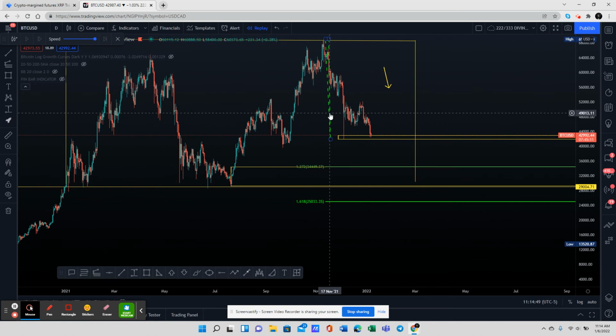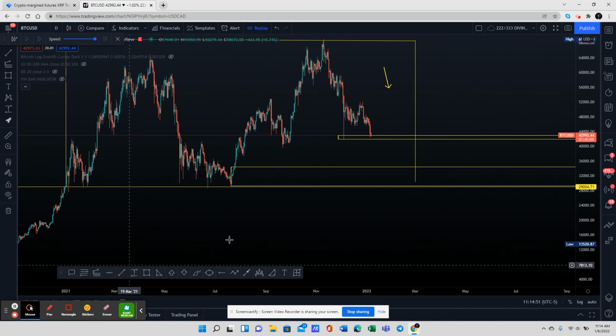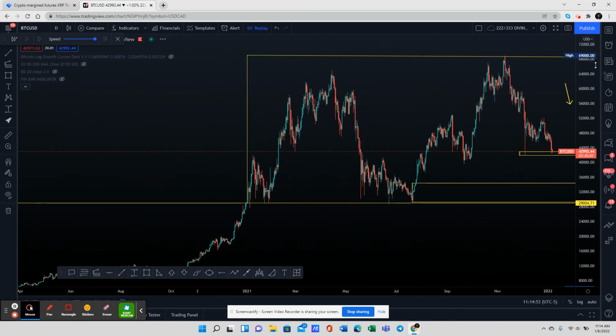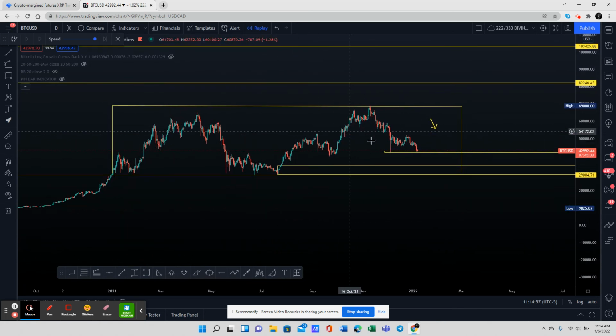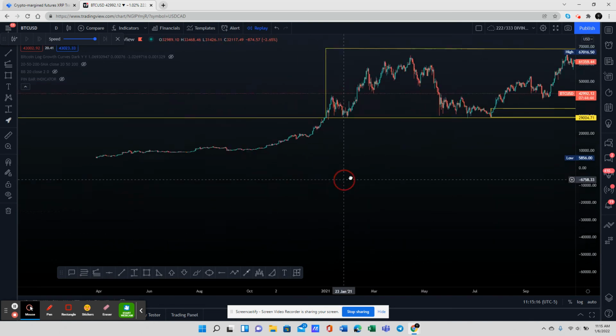Now, if we do come back down here, if you see this big box, some people would consider it as some form of a bullish type flag pattern. Not a pennant, but more of a flag because you've got your pole and then you have this.